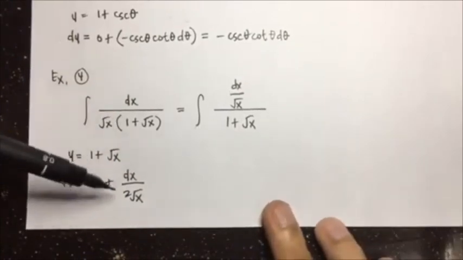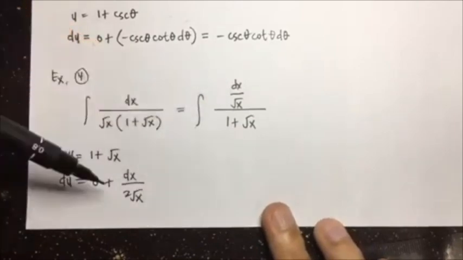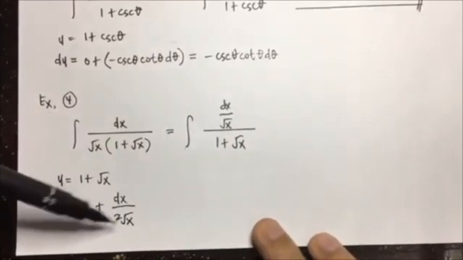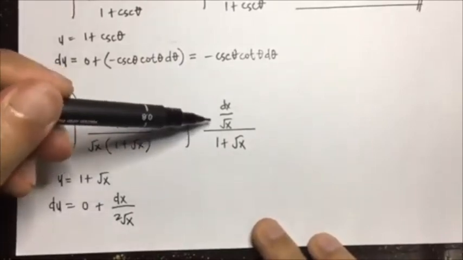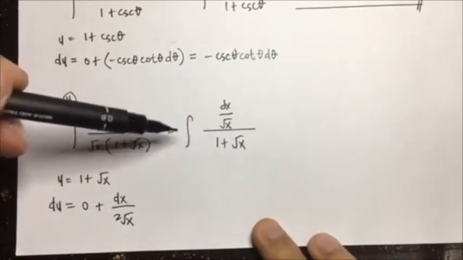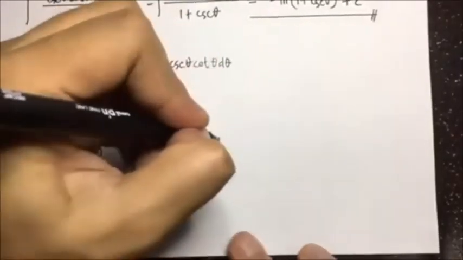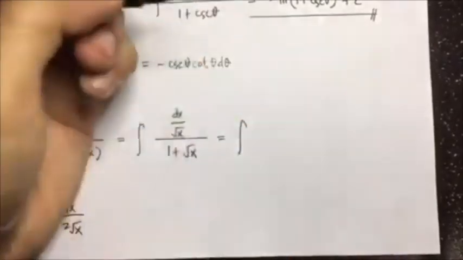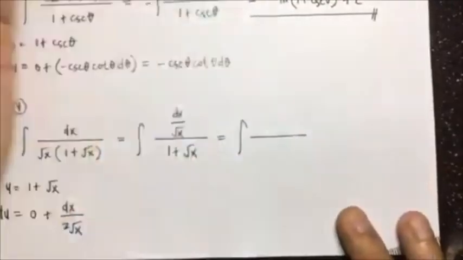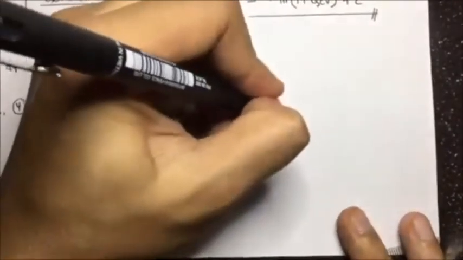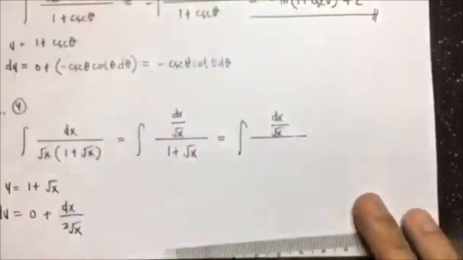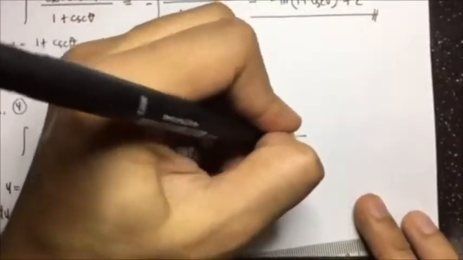Okay, so to apply the formula, we have a missing coefficient of 1/2. So we should multiply the numerator by 1/2, and then outside the integral sign, multiply the reciprocal of 1/2, which is 2. So 2 times the integral of dx over square root of x over 1 plus square root of x.